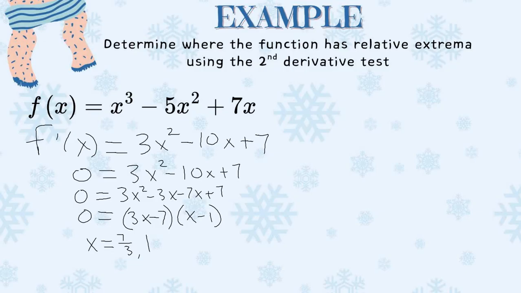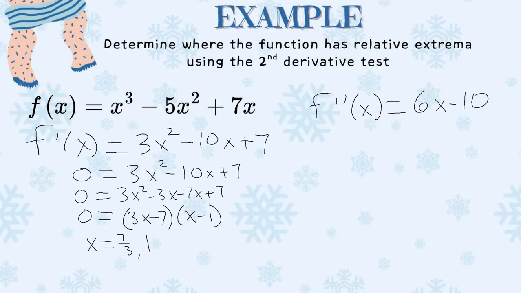Then, as we said earlier, yes, we do now need our second derivative in order to use our second derivative test. So what is our second derivative? Now, this is the part where some people get in trouble, because we have these numbers now.